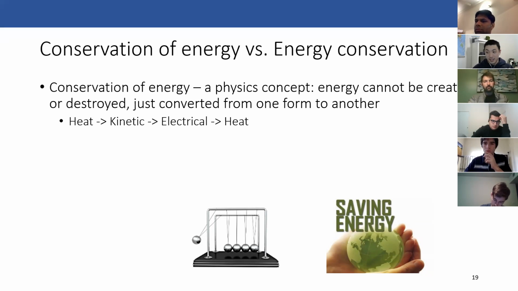Conservation of energy is a physics concept where energy can't be created or destroyed. You're merely converting it from one form to another, right? So you go from heat to kinetic energy to electric energy and back to heat energy. This process describes, for example, a portion of the way our electricity system handles the transformation of energy, right?